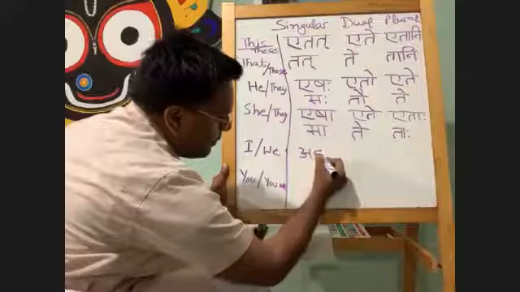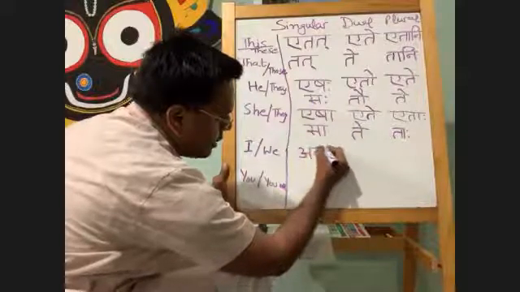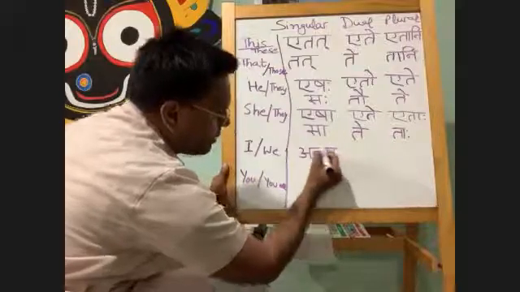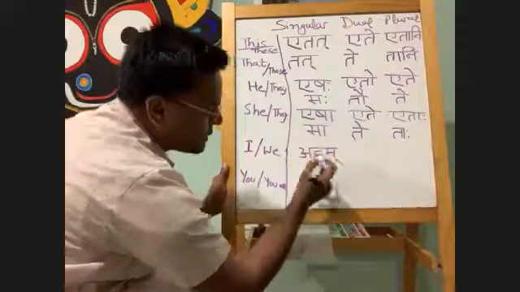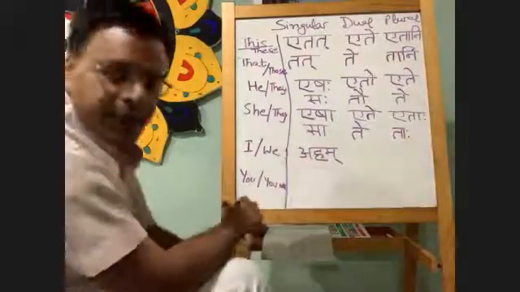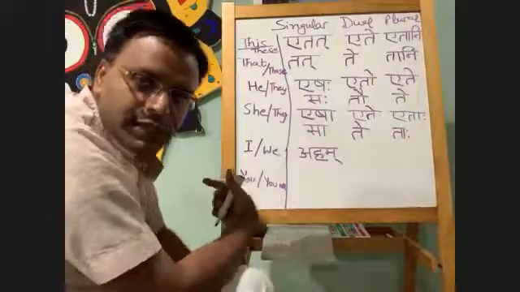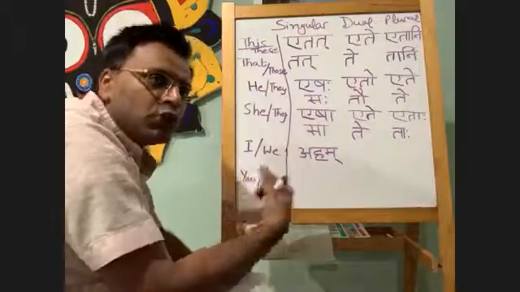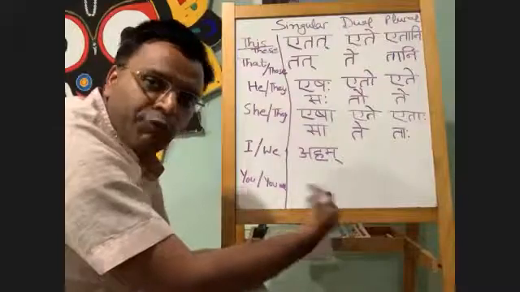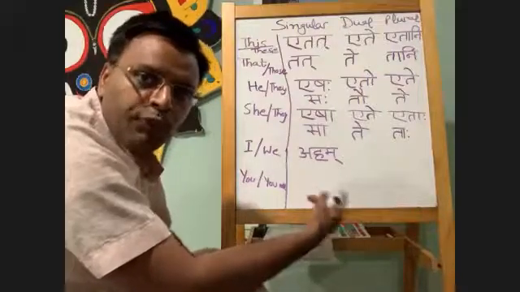Aham can be written this way or simply with a dot on top, as we discussed last time. So aham for I, when you are addressing yourself. And when you are addressing yourself and one more person, in English you say we two, two of us.